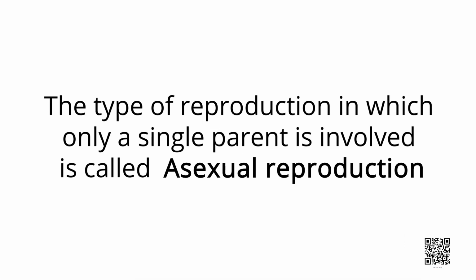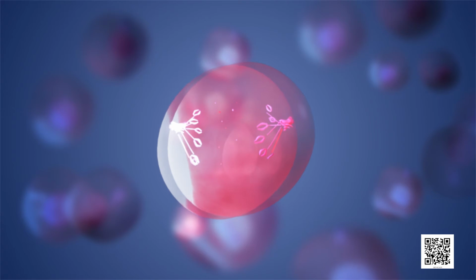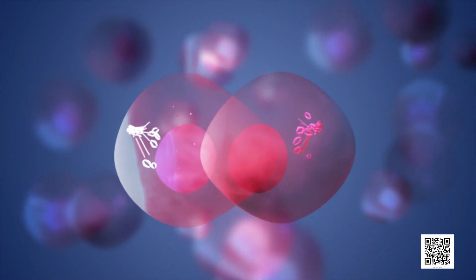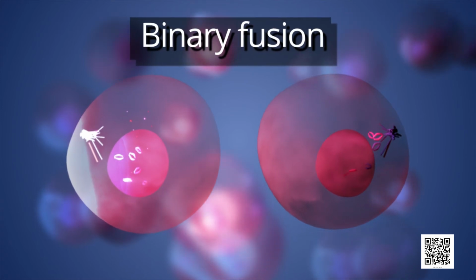Asexual reproduction. The type of reproduction in which only a single parent is involved is called asexual reproduction. In asexual reproduction, if a unicellular organism divides and produces two cells, then it is called binary fission.